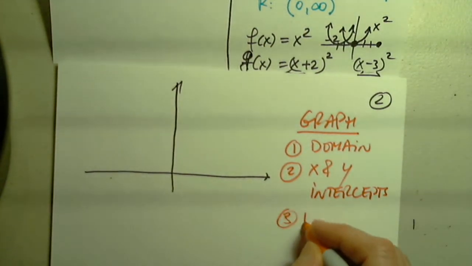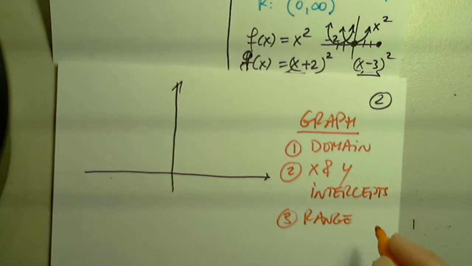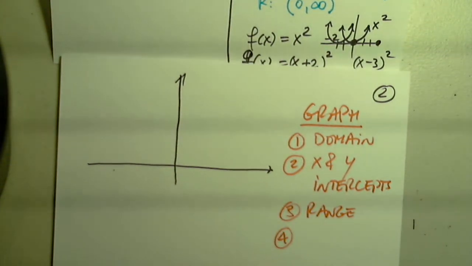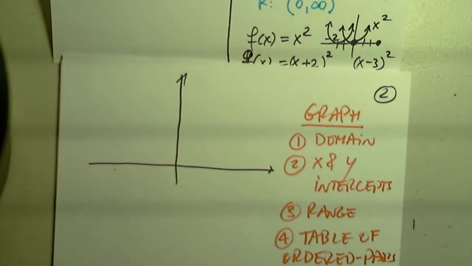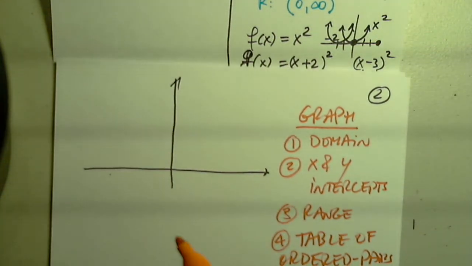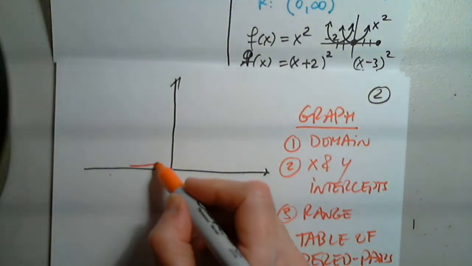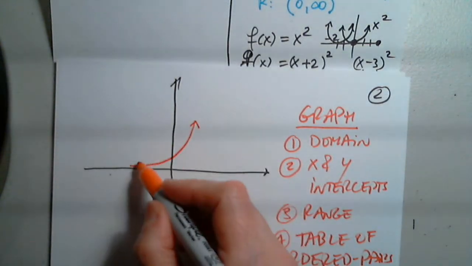We have to find the range. In this case, if I use transformations, the table is not required. But if I don't use transformations, I have to have a table of ordered pairs. Okay? So first I will graph the original or the base function.